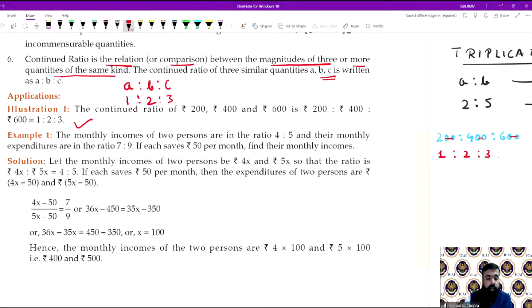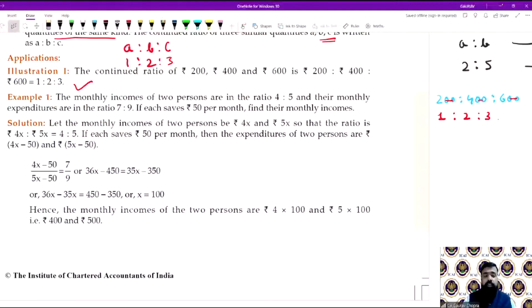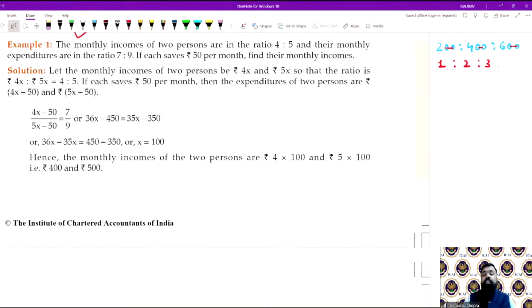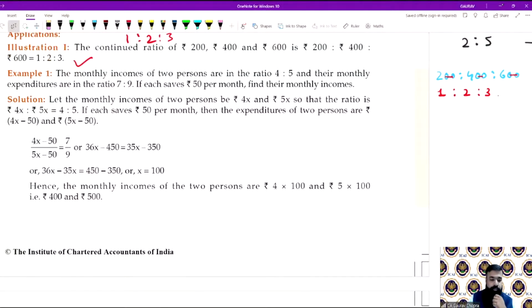All right. So till here, we have tried some of the questions. Now the next question is a bit tricky one. Let us understand what the question has given and what the question is asking from us. What is the requirement of the question?